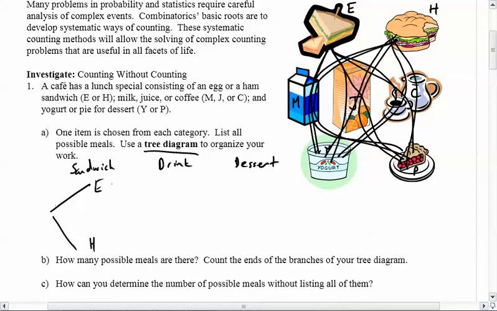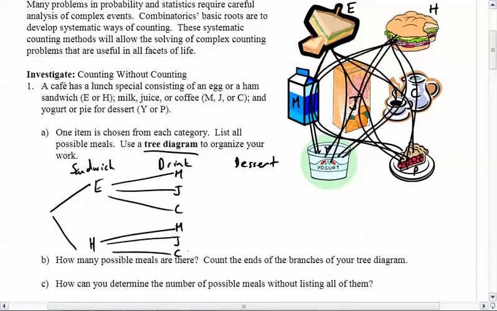Now with that egg sandwich, I can get 3 different drinks, milk, juice, or coffee. For ham sandwich, I can also get 3 different drinks, milk, juice, or coffee. And then for each of the drinks, I've got 2 different choices of dessert, yogurt or pie.